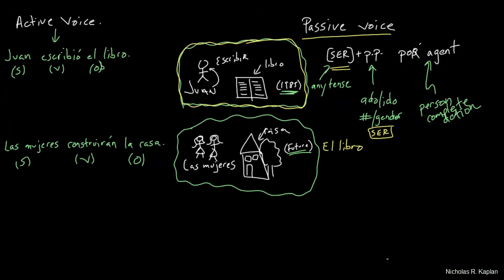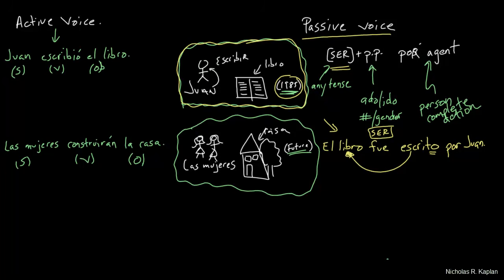And we're going to use the preterite because we know we're talking about the past. We are going to say was written. This is masculine and singular, so we're going to keep it masculine singular. Por Juan. The book was written by Juan.